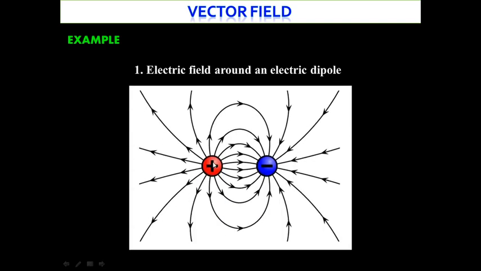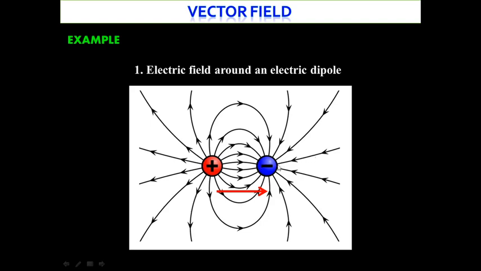Suppose this is the positive charge and this is the negative charge. Electric lines of force travel from positive to negative charge, so the direction of the electric field can be represented by this arrow. The lines of force originate from the positive charge and end on the negative charge.